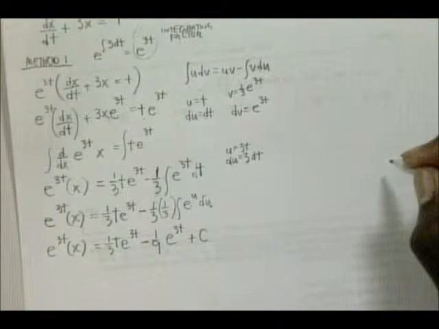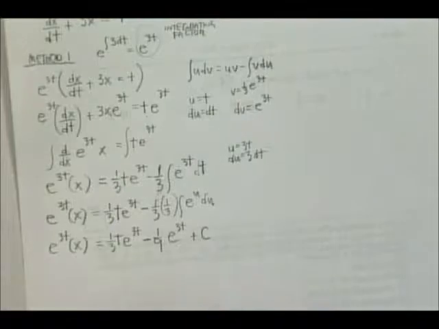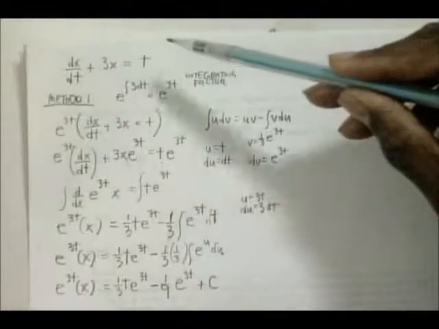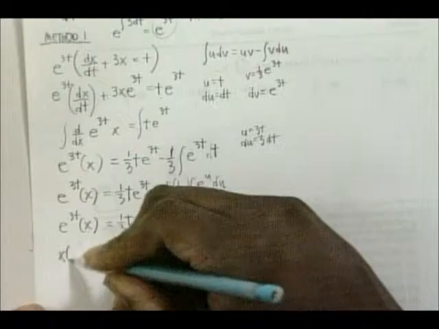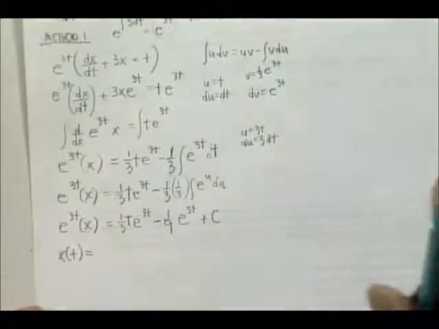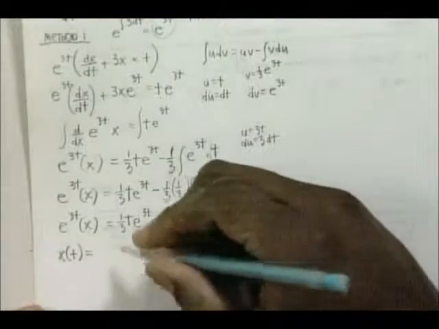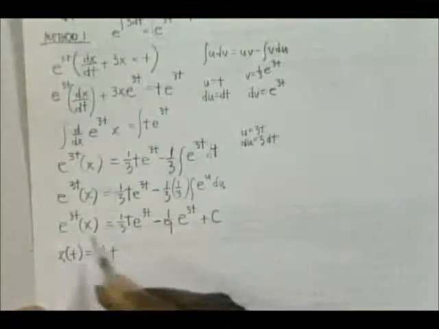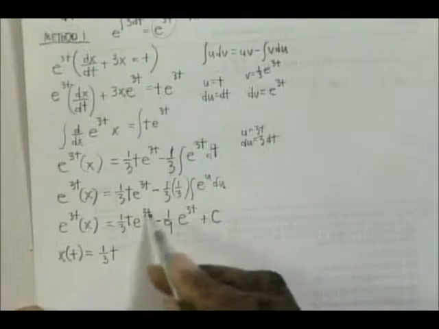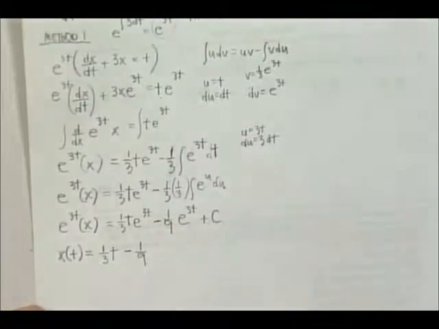All right. Now, we're almost done. We solve for x here, as I told you before. The solution to a differential equation is another equation. So we're solving for x in terms of t. We're going to divide by e to the 3t on both sides. We end up with 1/3 t, because if we divide this by e to the 3t, that would cancel, minus 1/9.